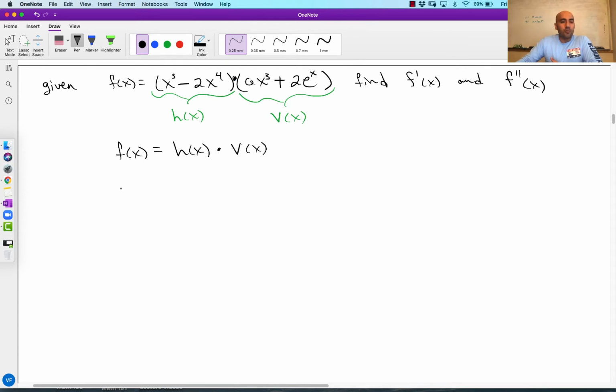According to our product rule, that means the first derivative of x is equal to h prime. And just to get used to a different notation, let's get rid of the of x. That's another common notational style, to leave off the x. So the first derivative would then be f prime is equal to h prime v plus h v prime, right?